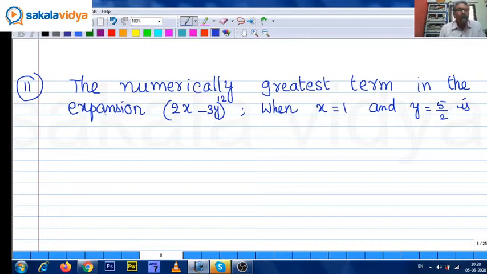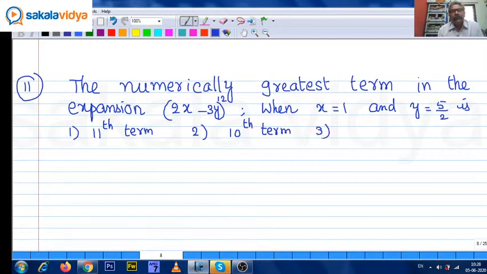First option is 11th term. Second one is 10th term. Third one is 9th term. Fourth one is 6th term. That means which term of this expansion is the greatest term? That we need to find out.